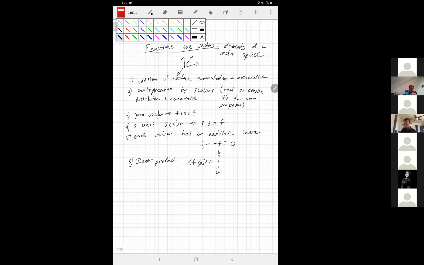The integral from a to b, and exactly what you choose for a and b will determine whether any of these theorems apply, of f star of x, g of x, rho of x, dx. And rho is something we haven't said much about yet. Rho is something that we haven't used, but it showed up indirectly, it showed up sneakily. Rho is a weight function.